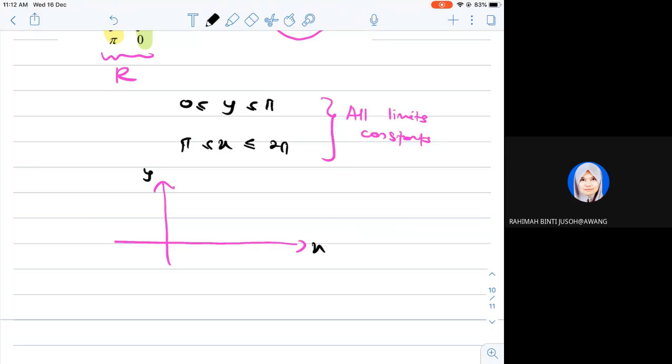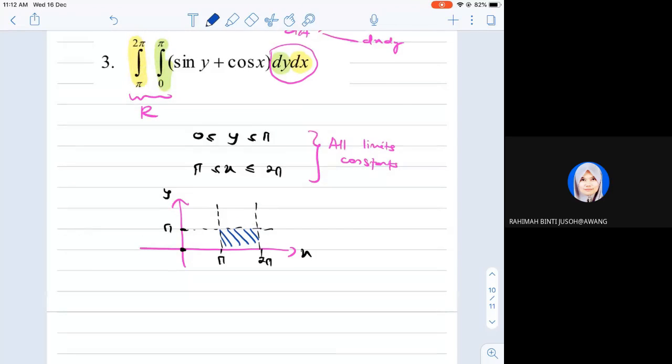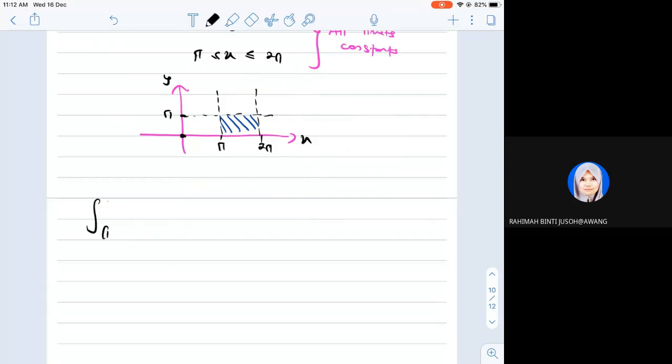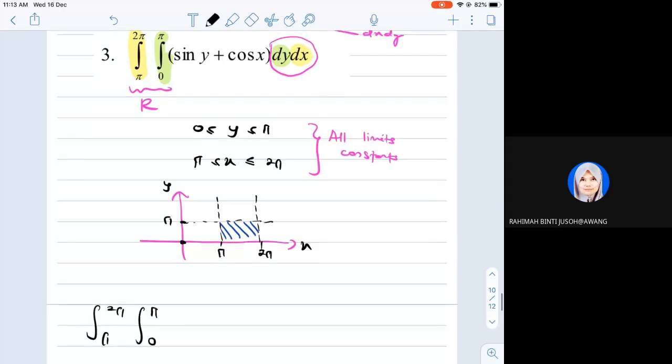So y from 0 to pi, and then x from pi until 2 pi. So we will have this region. Okay, so region kita adalah yang ni. Rectangular region. Kan peta tu. So jom, let's evaluate this integration. From pi until 2 pi, from 0 until pi, sin y plus cos x.